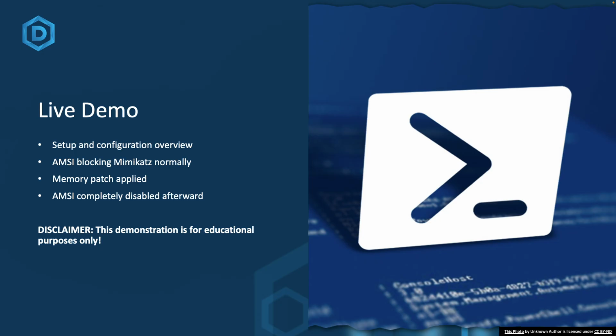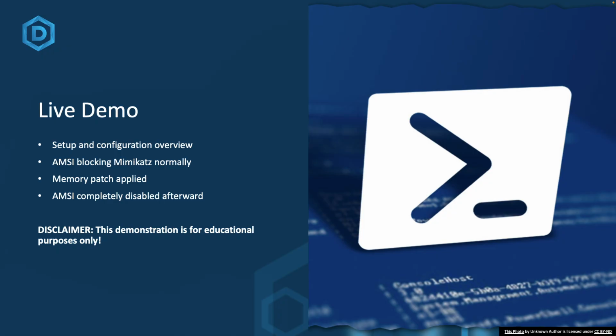So for this live demo, we're going to be looking at the setup and configuration overview of what Windows version I'm using, how up to date it is, and how I staged out the server to be able to pull it off as fileless.